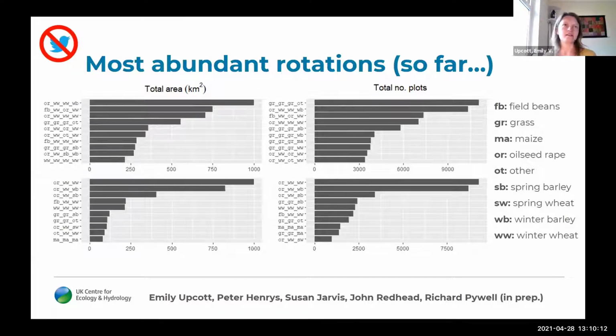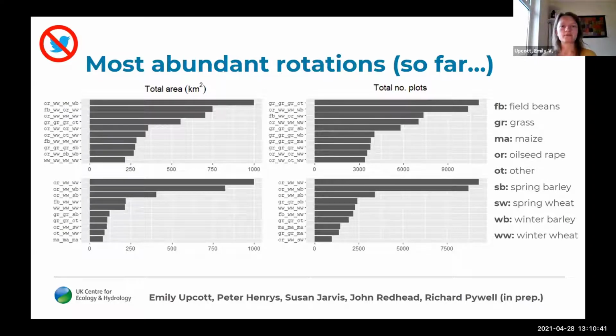So for instance, here I've been using 5 years of data, which we can look at 3 and 4 year rotations because we can pick up where that's coming to cycle back within the 5 years. These graphs are looking at the most abundant rotations by total area as well as total number of plots for these rotation types.